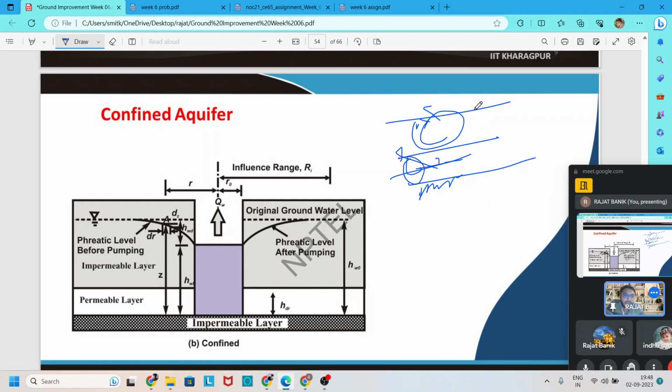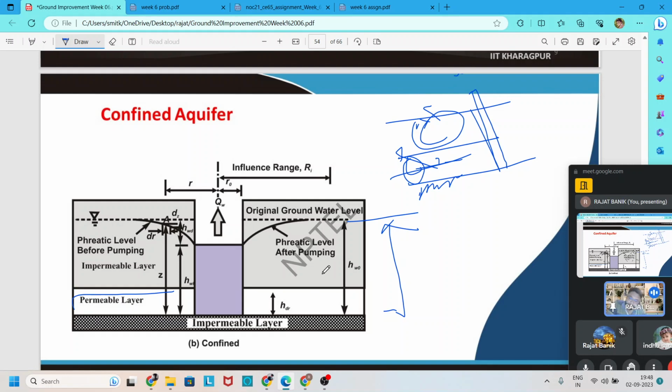And if we apply one piezometric instrument, by this instrument we can find out the height of the groundwater table for this permeable layer, which is up to that much depth due to the overburden pressure.